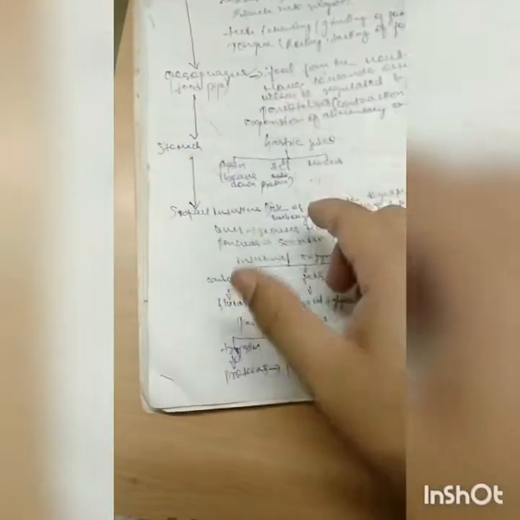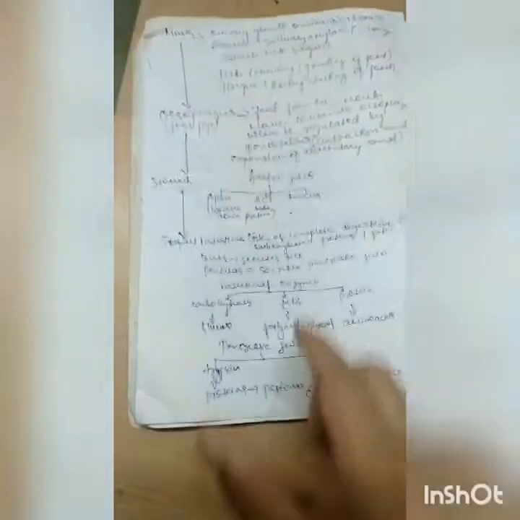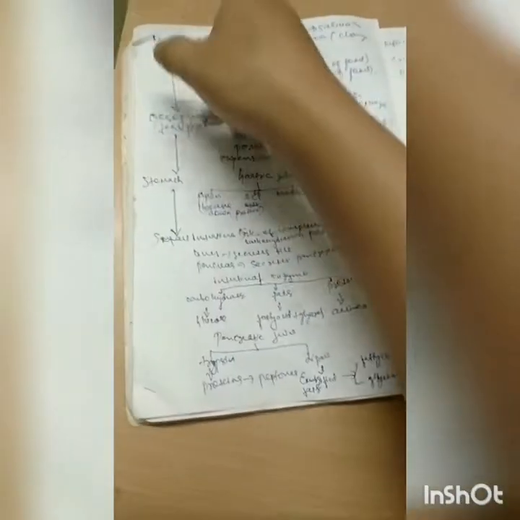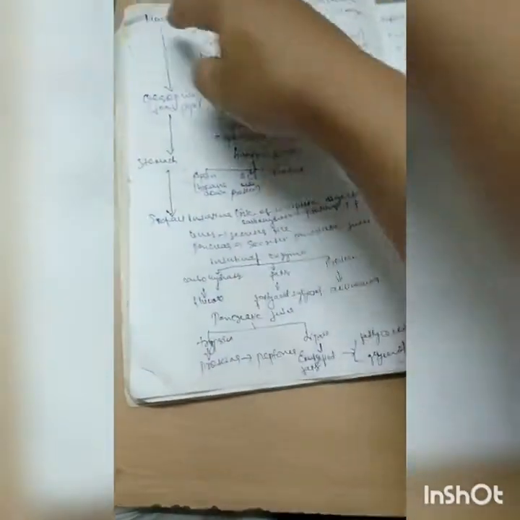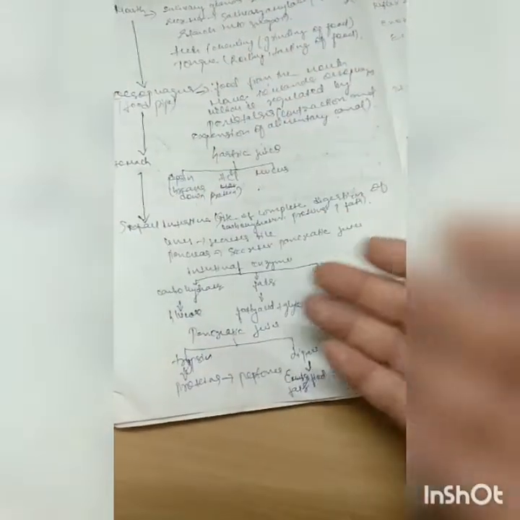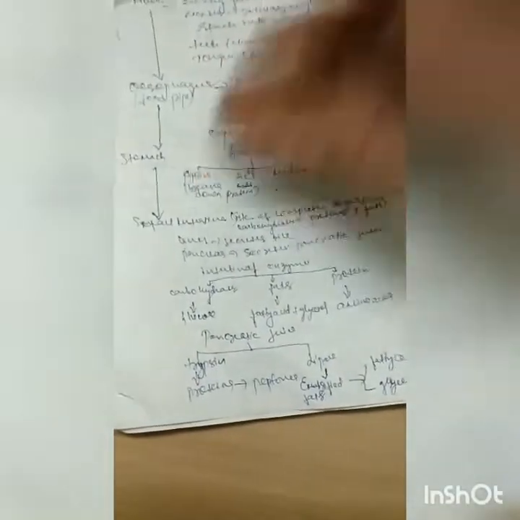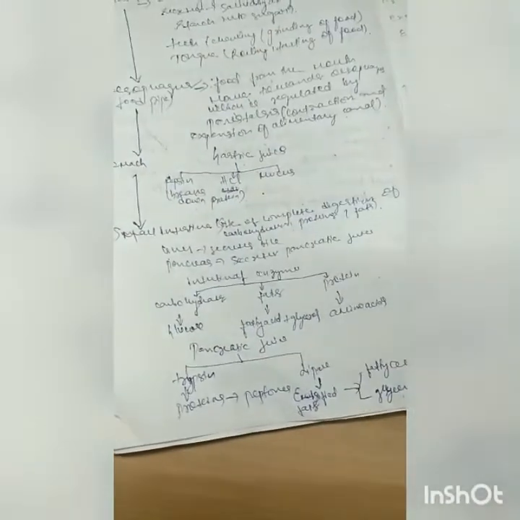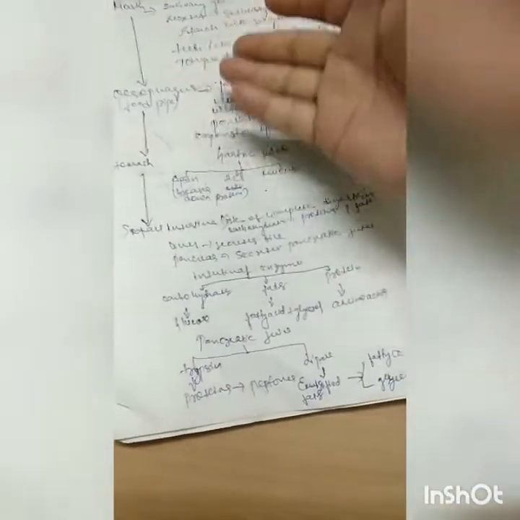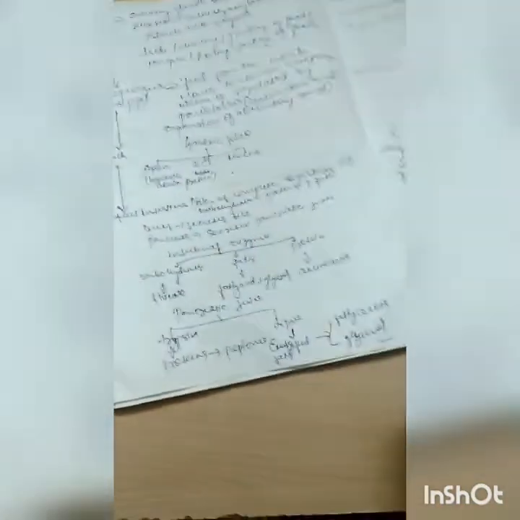But I have written it down in this flowchart manner, showing how the food that we take goes through various organs: mouth, esophagus, stomach, small intestine, large intestine, rectum, and lastly the anus. Digestion takes place mainly in the stomach and small intestine.